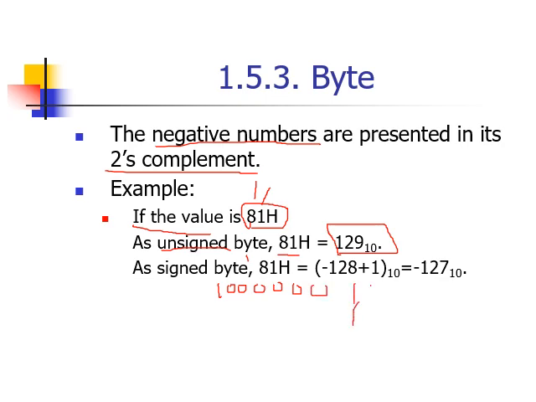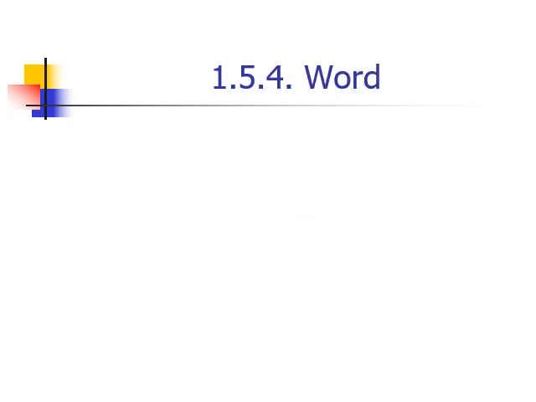So you have the weight 1 and the weight minus 128, so you will get minus 127. So 81, the same hexadecimal number, gives you 129 for its decimal equivalent if read as an unsigned number, or minus 127 if it's treated as signed.